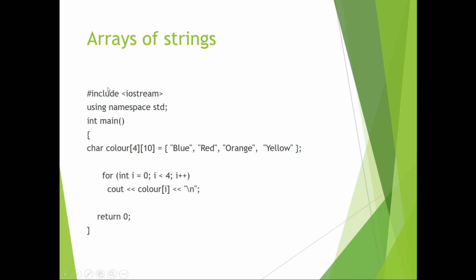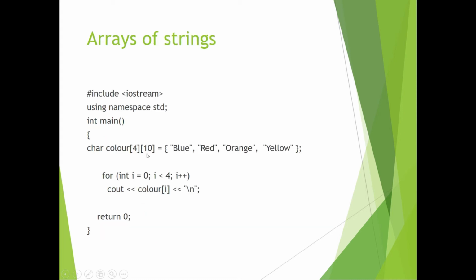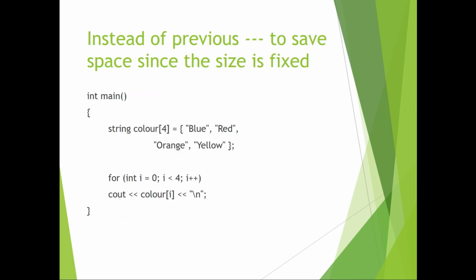In this case, this is a normal character string, a C style string. Instead of this, we can go for a string object. Here you can see that the sizes are fixed, which leads to unwanted memory space. So rather you can use string objects, where I'm using string here, and it doesn't need 2 dimensions.